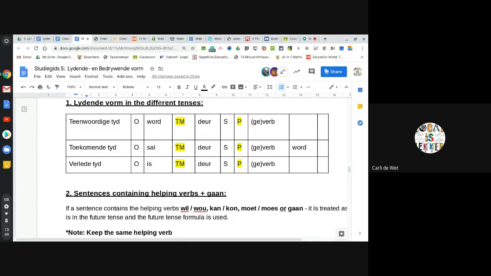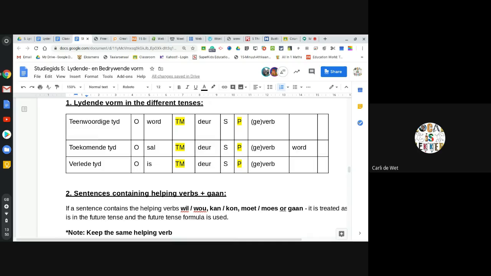So, if I'm going to quickly go over it again. Teenwoordige tyd, object word deur subject geverb, word is in the front. Toekomende tyd, no matter what auxiliary verb they give you, except for het, all the other auxiliary verbs take the toekomende tyd formula.